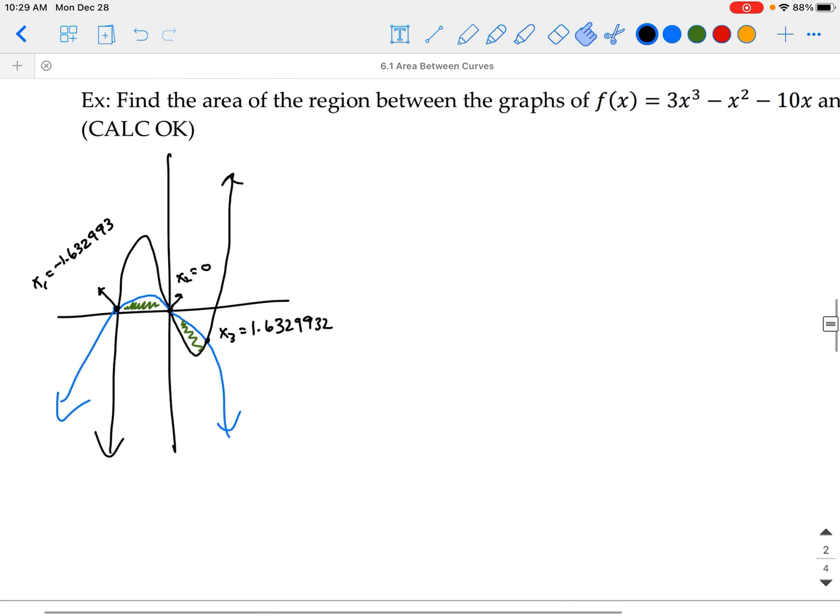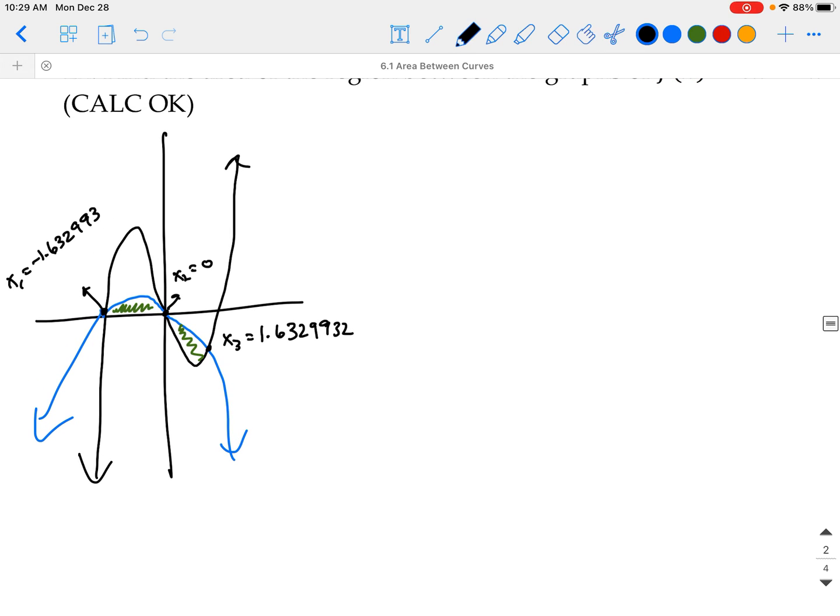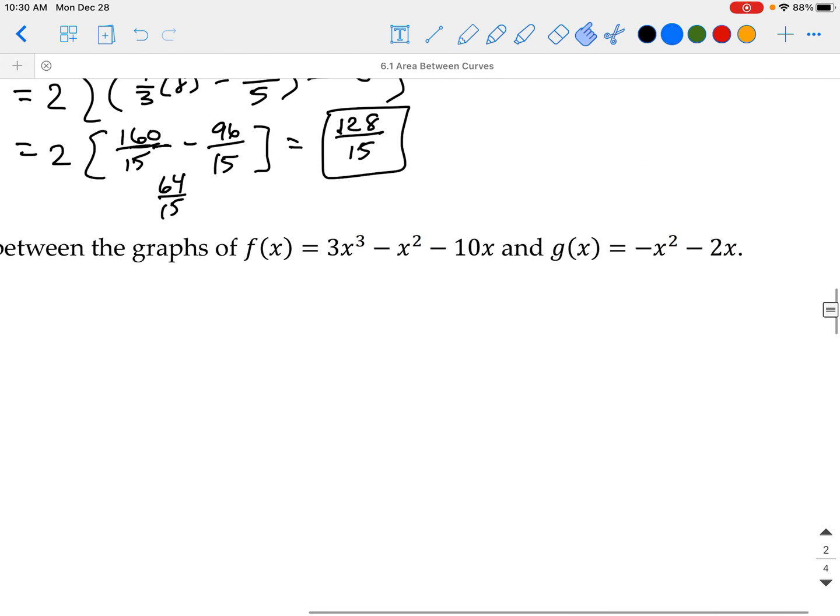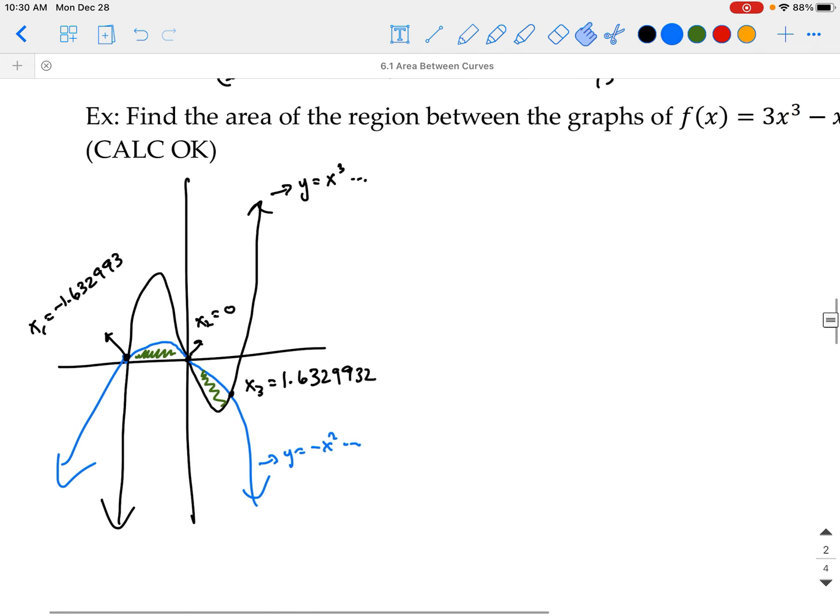All right, so we've got those points, which means we can now calculate our area. And we should note this first curve is the x cubed curve, and the blue curve is the negative x squared curve. So maybe we'll give these names. Oh, they did, F and G. Whoops, okay.